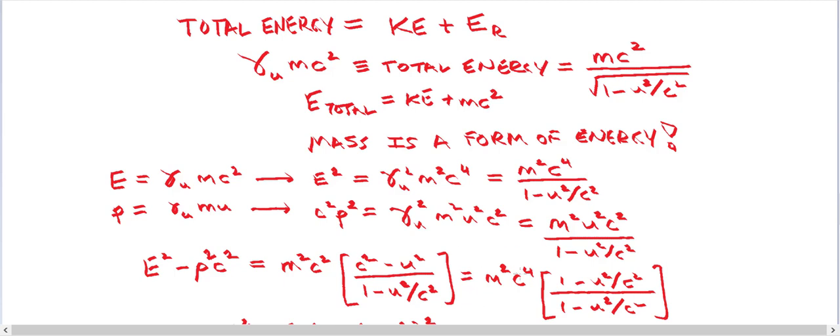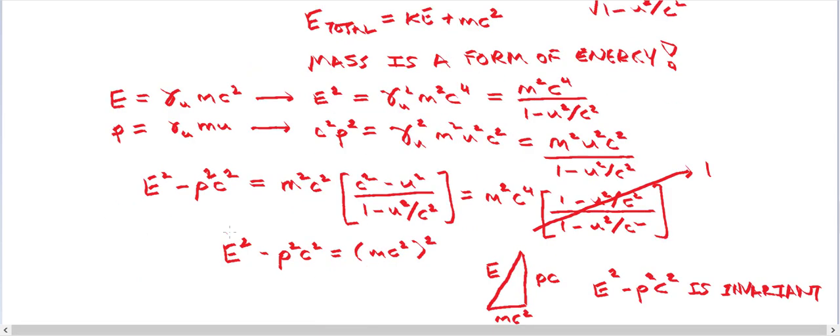So we could factor out a c squared from this, bring it out front, and now we have m squared c to the 4 multiplied by 1 minus u squared over c squared divided by 1 minus u squared over c squared. And note that this is just equal to 1, right? And so what we have is that E squared minus p squared c squared is equal to quantity mc squared, squared.